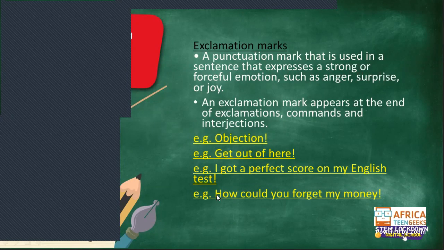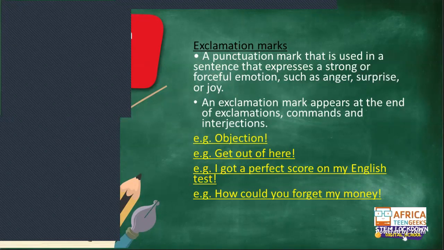Then the third example: I got a perfect score on my English test! That one really expresses joy, or maybe surprise. Maybe you really didn't expect to score that much on your English test, but you did. Or maybe that's what you expected because you prepared so much for it, and then you are happy. So you'll be like, woo!